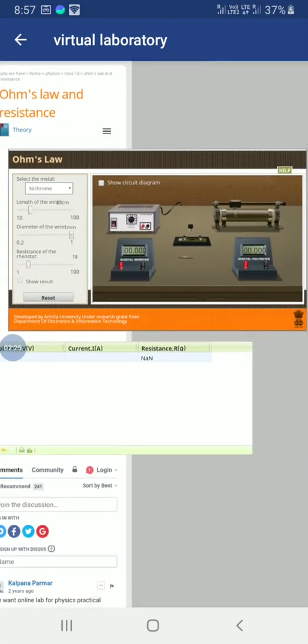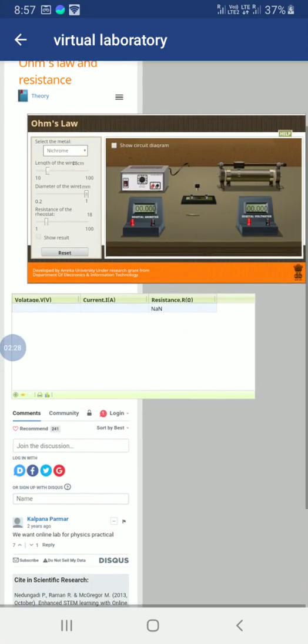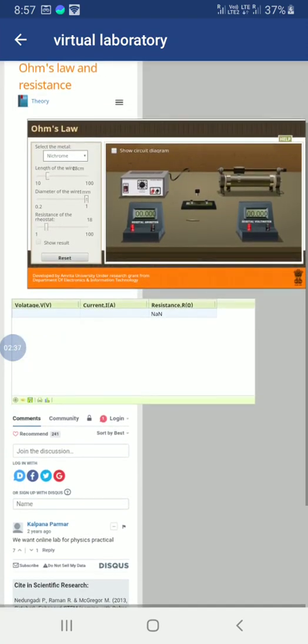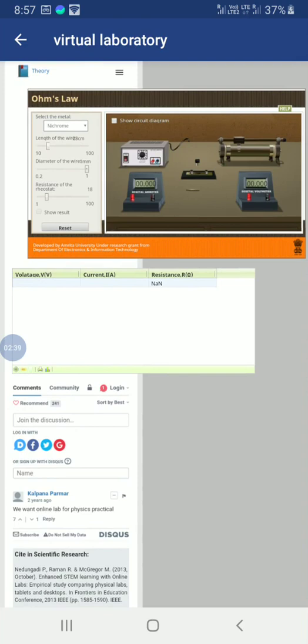So what is the connection? The connection is basically from the positive of the battery, which will be connected to the key. You can see that it creates a lot of problems because the screen is sensitive.